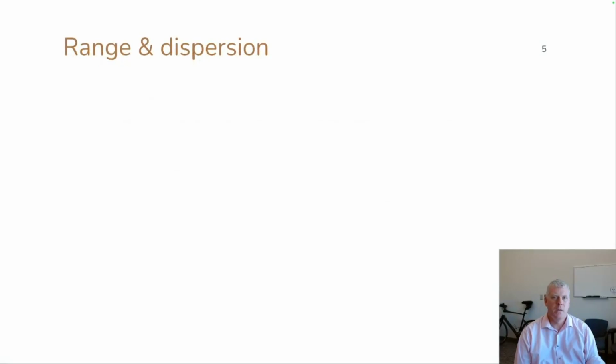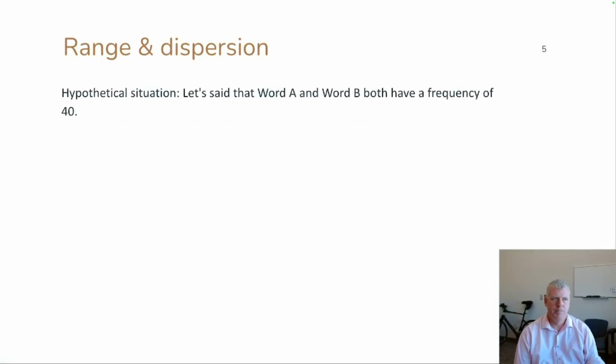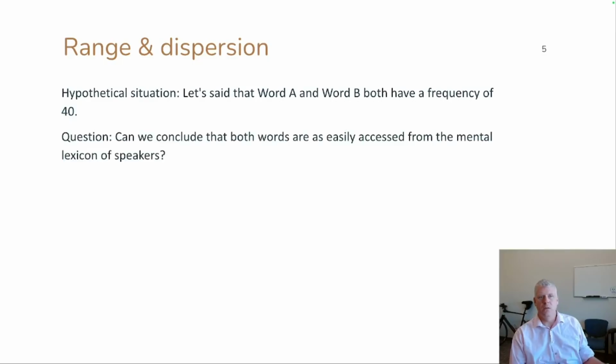Let's talk about another metric kind of related to frequency. It's not frequency, but related. Let's think of this hypothetical scenario. Let's say that word A, whatever that word is, and word B both have a frequency of 40. Okay, so if we're only looking at frequency, can we conclude, well, the question is, can we conclude that both words are as easily accessed from the mental lexicon of speakers, the mental storage unit, right?